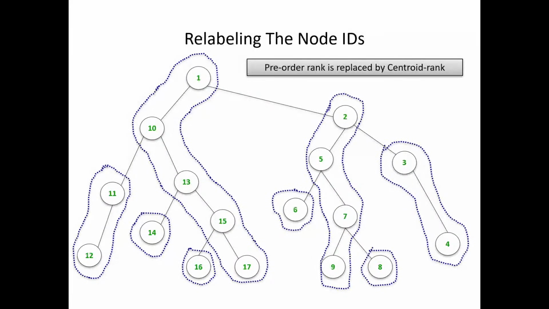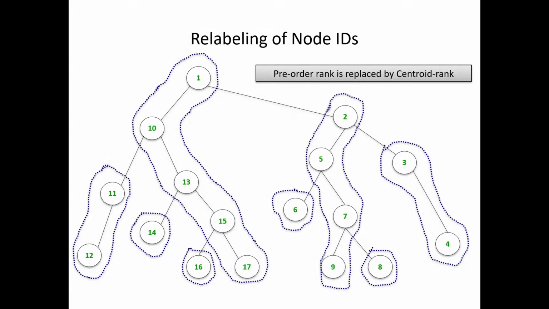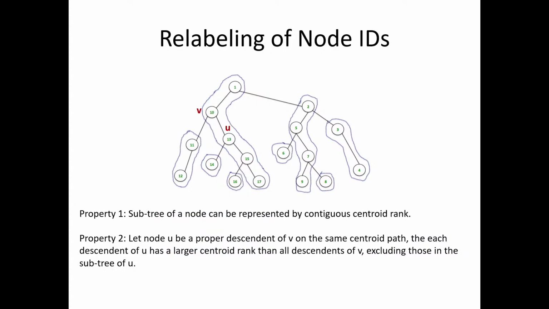Once I fill up these IDs, there are a few properties of this. Instead of the pre-order rank, as I had in the earlier slide, this is now the centroid rank. A good property is something here. This property is true for even the pre-order rank, but the good property is: let node U be a proper descendant of node V on the same centroid path.